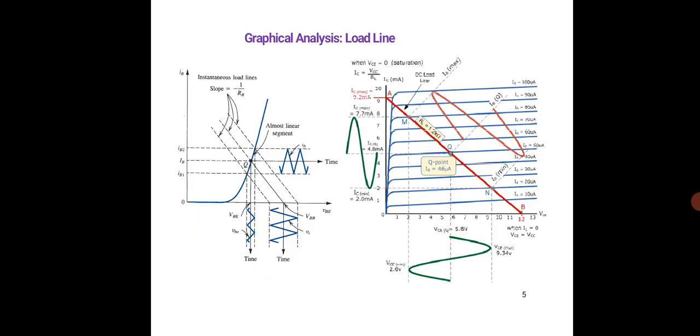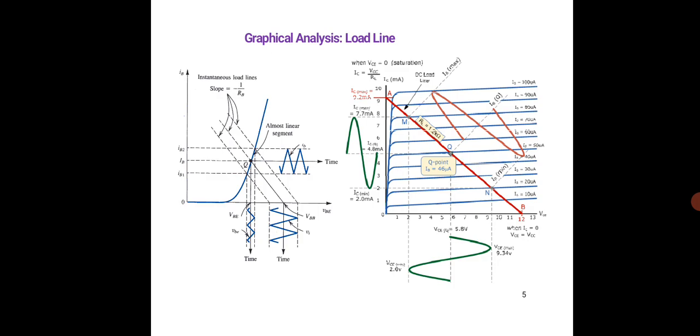This is the graphical analysis of the load line, where you can see the various values given. Here we have VCE equal to 0, that is at saturation, and similarly I can give an expression for IC.